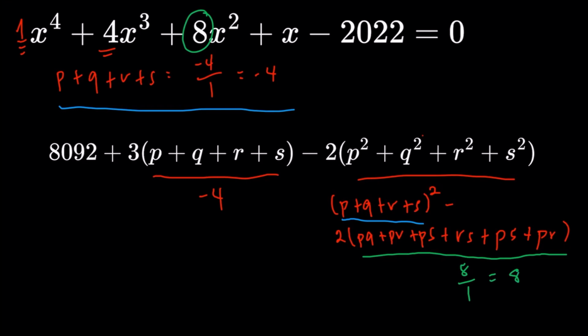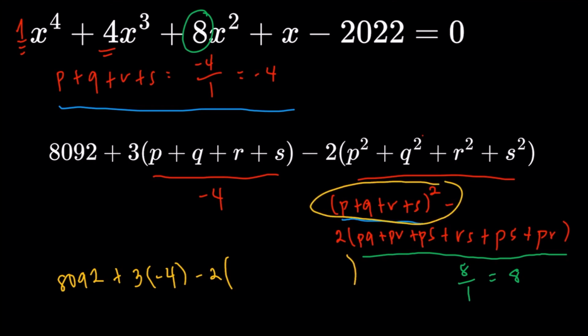All right, so we could try to expand this now. So 8092 plus 3 times (P plus Q plus R plus S), that's negative 4, and then minus 2 times, now we know it's going to be (P plus Q plus R plus S) squared, so negative 4 squared, and then the green part is 8, so minus 2 times 8.